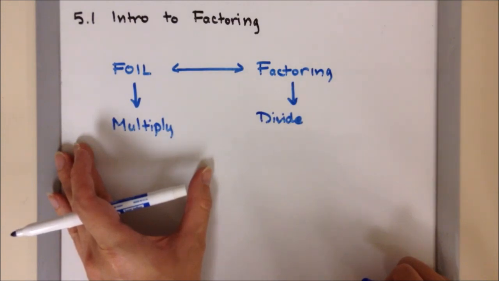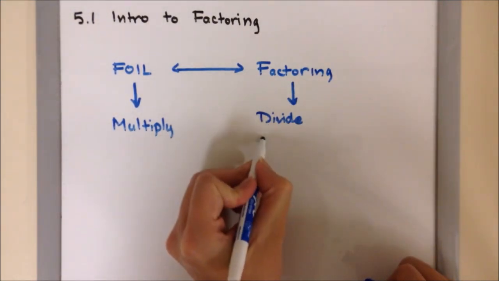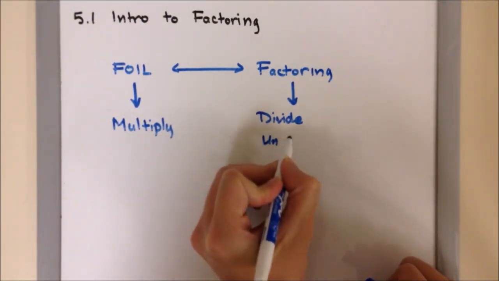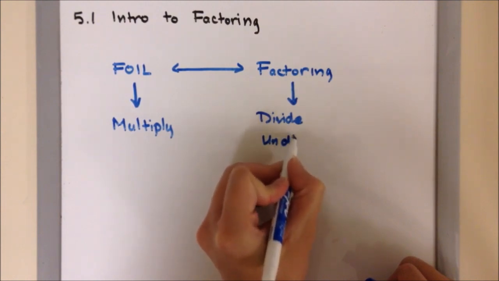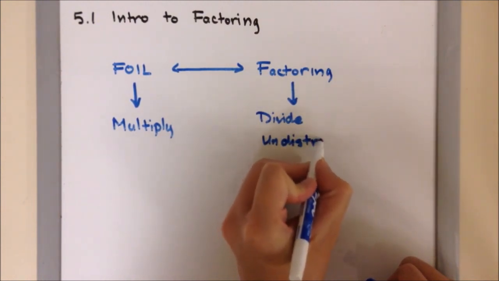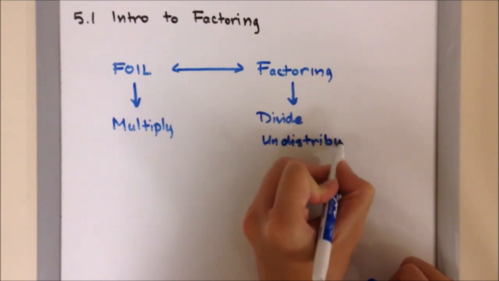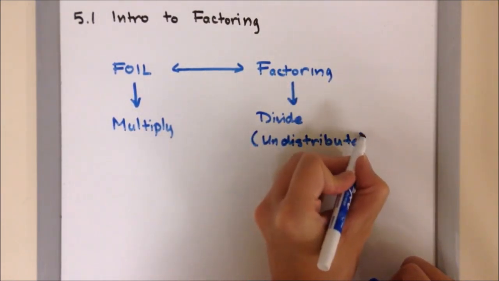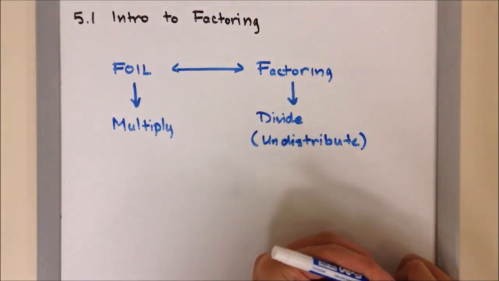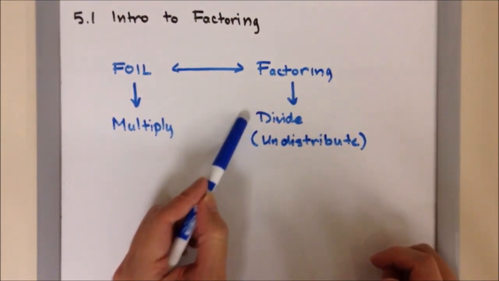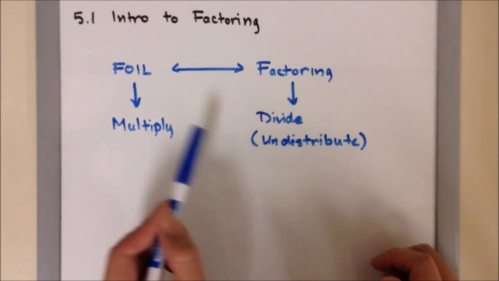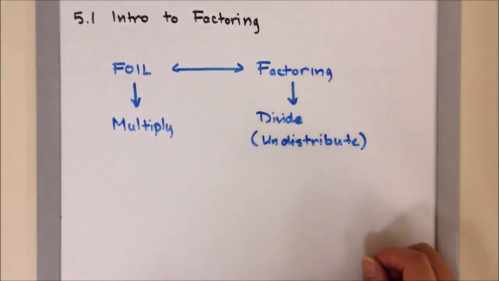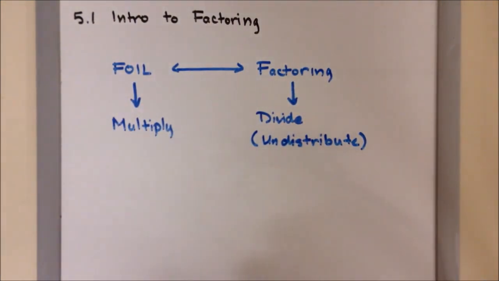Another word that some might be able to understand is undistribute. So factor or factoring means to divide or undistribute, to do the opposite of foiling or the opposite of multiplying.